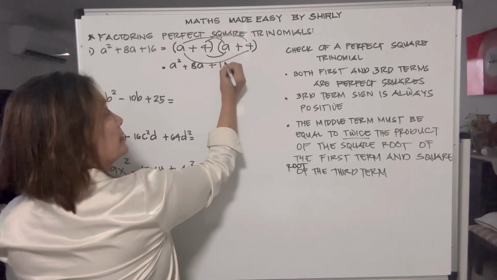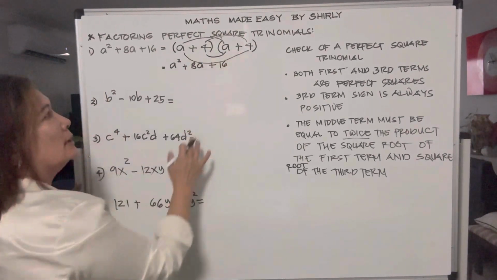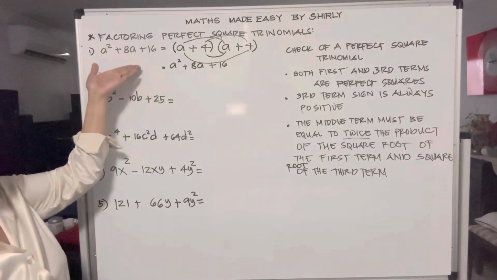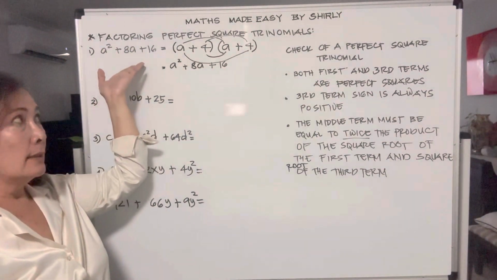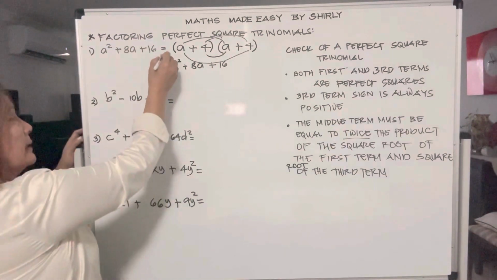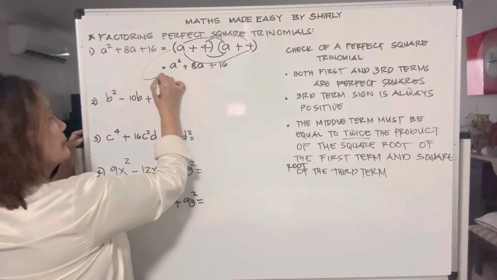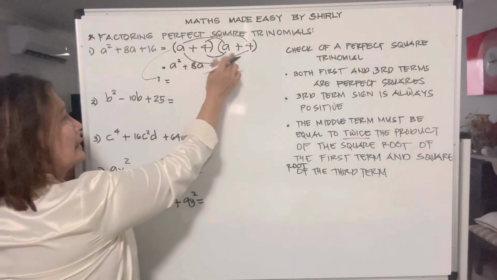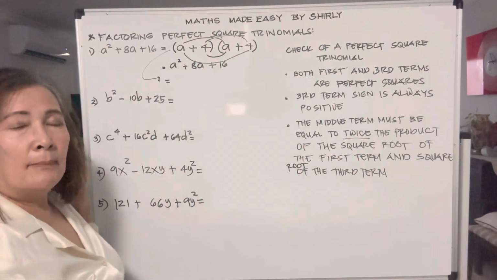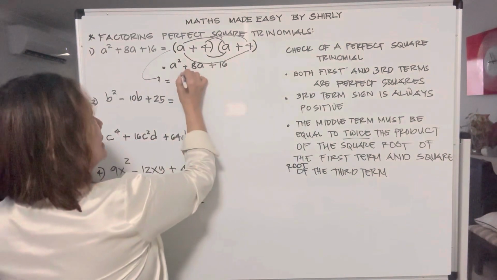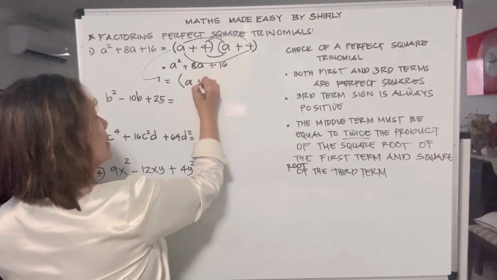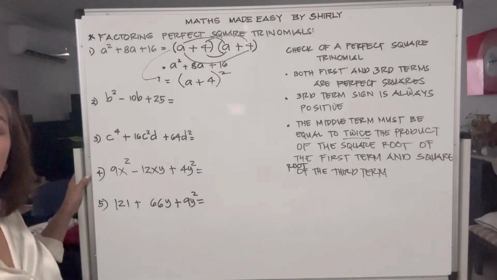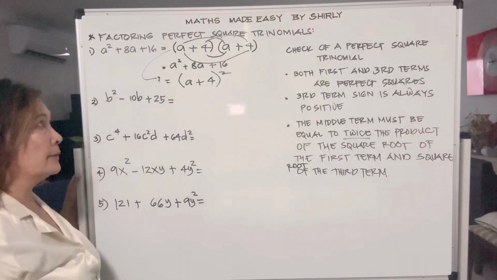So that proves that these factors are really equal to the given perfect square trinomial. Now, expressing this in another form, we can rename this because they are just the same binomial anyway. We can just rename this as (a + 4) squared, or the square of a plus 4.